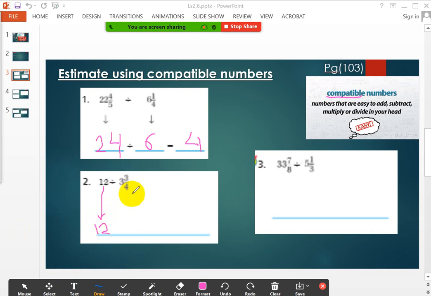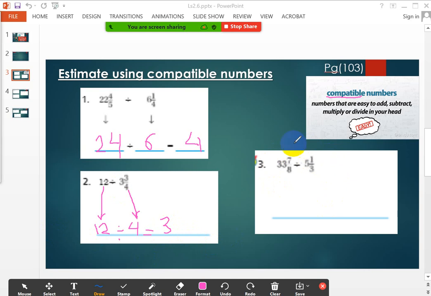Let's round 3 and 3 over 4. What is the closest number to this number? 4. Very good. The closest answer for 3 and 3 over 4, able to divide 12 on it, is 4. So I will choose 4 because I can divide 12 by 4. The answer will be what? 3. Very good, Lamar. Thank you so much. The answer will be 3.